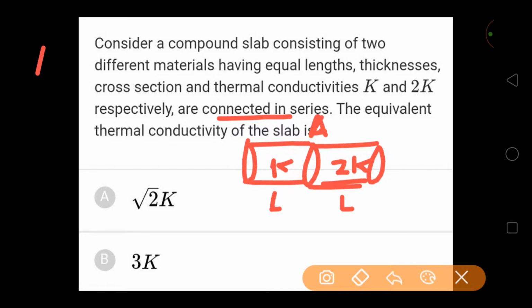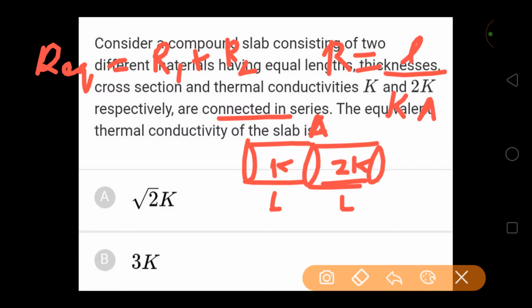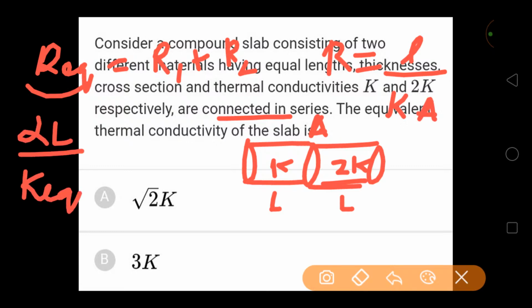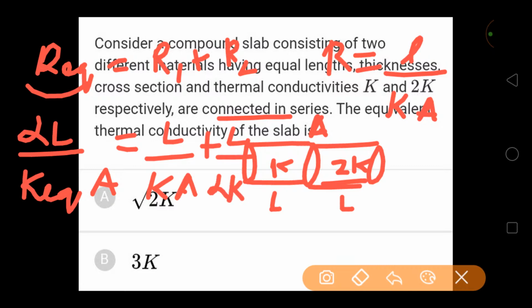For series, we know that R equivalent is equal to R1 plus R2. You know the general formula, R is equal to L by KA. So what is the equivalent length? Total length is 2L. K equivalent we have to find, with area A. For R1, first part L by K into A, plus second part of the same length L, with conductivity 2K.